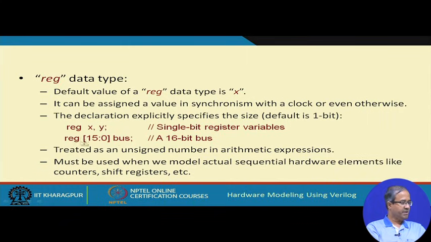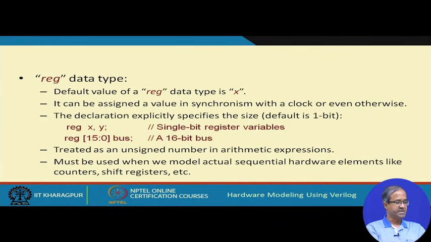This is one example, reg within square bracket 15:0 bus. This means I am declaring a variable bus where there are 16 bits, 0 is the least significant bit, 15 is the most significant bit. So, I can define a 16 bit variable called bus using a statement like this. Now, a reg type variable, when it is used in an arithmetic expression, is treated as an unsigned number without any sign.